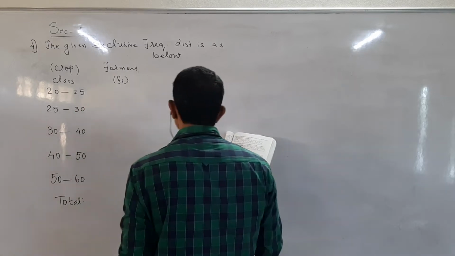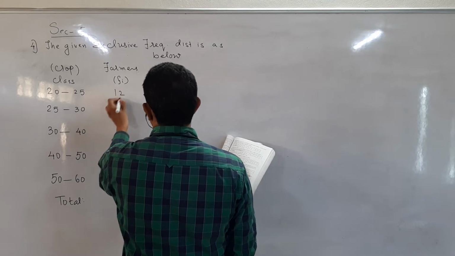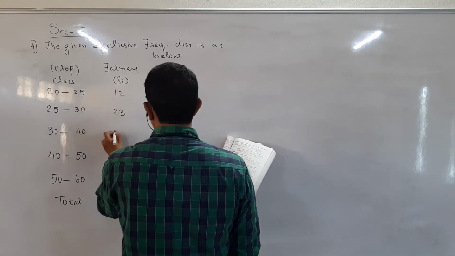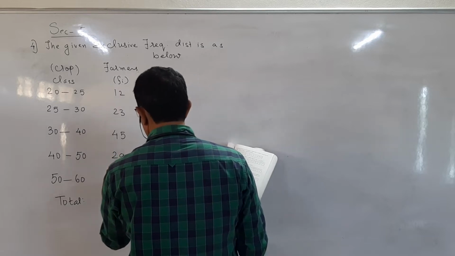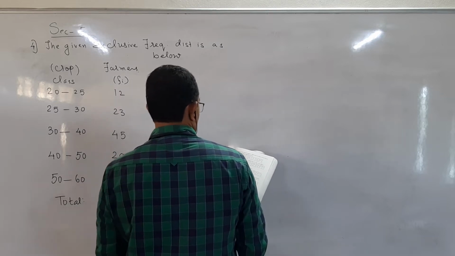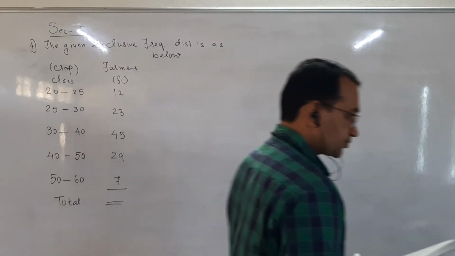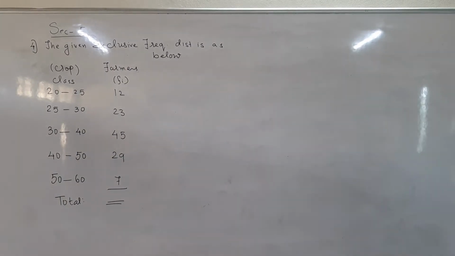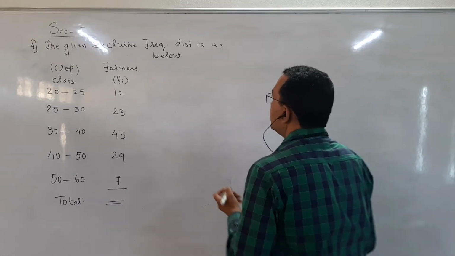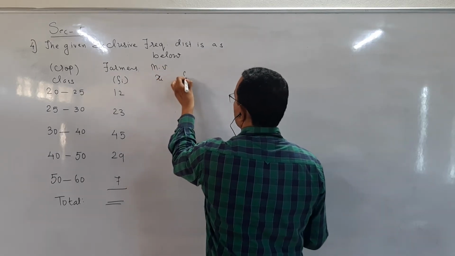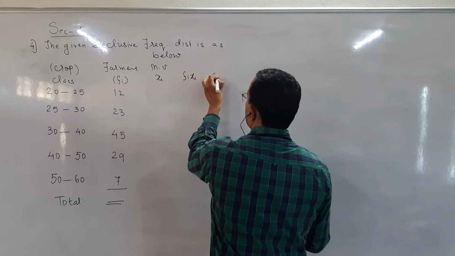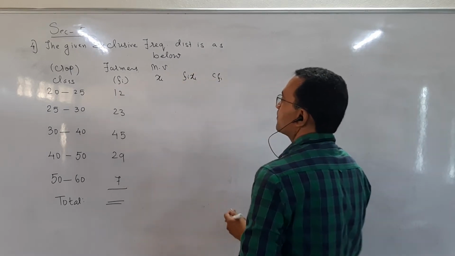Now, whenever classes are of unequal length, students, you have to be very careful in doing the sum. So, students, pay attention by which particular approach we will go. Then mid values first of all we find, and then we go by the approach of fixi and cfi for median.